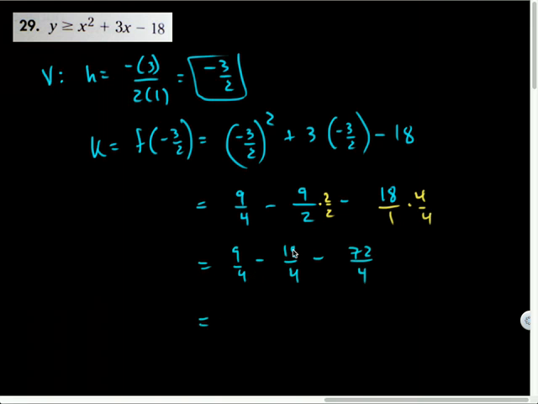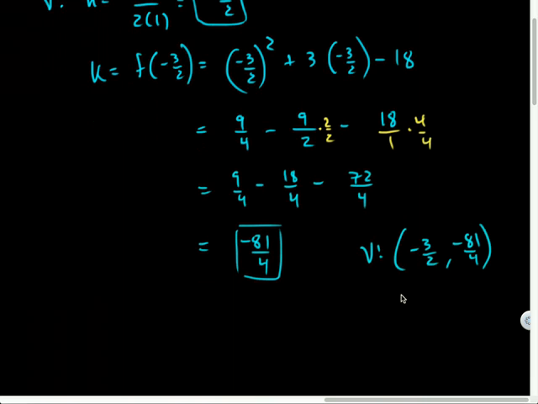So 9 minus 18 is negative 9. Negative 9 minus 72 is going to be negative 81/4, if I'm not mistaken. So my vertex is the point negative 3/2, negative 81/4.